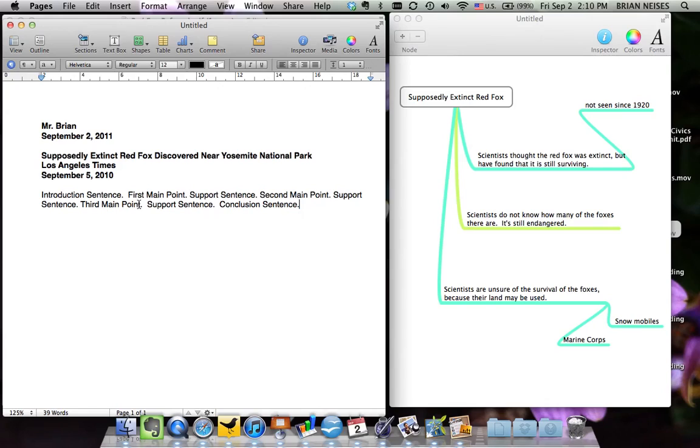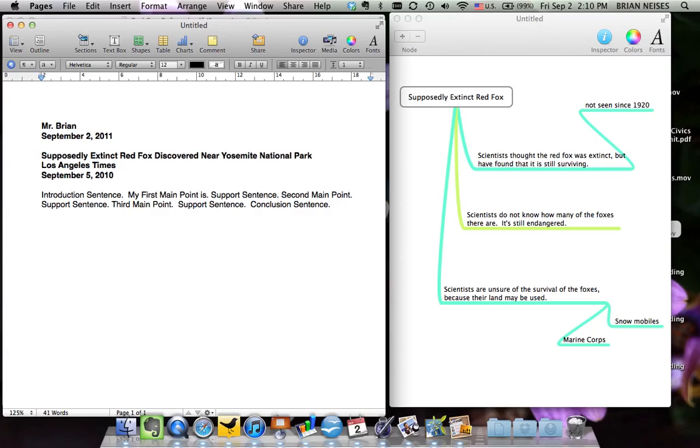Now, what I'm going to do is actually go in and write this by replacing these terms there. And I'm actually not going to do my introduction sentence first. I'm going to start with my first main point. And so I might write something like, my first main point is, if you remember, this isn't actually a good idea, but watch what I'm going to do.